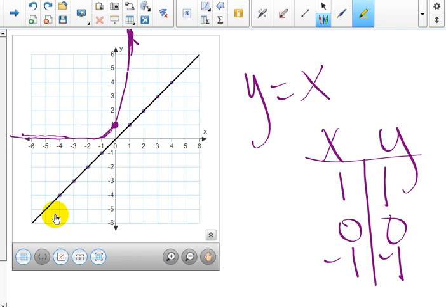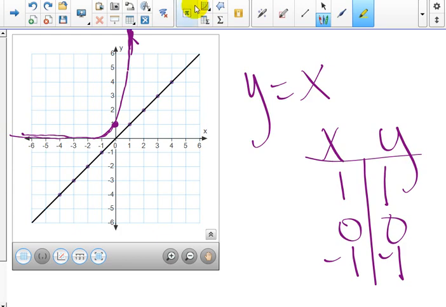Does it really ever hit the 0? Because it's an asymptote, it's never going to hit y equals 0, so it's going to be everything greater than 0. For your range, you're going to say y is greater than 0, not greater than or equal to, because it never touches the x-axis. So there's your domain and range.